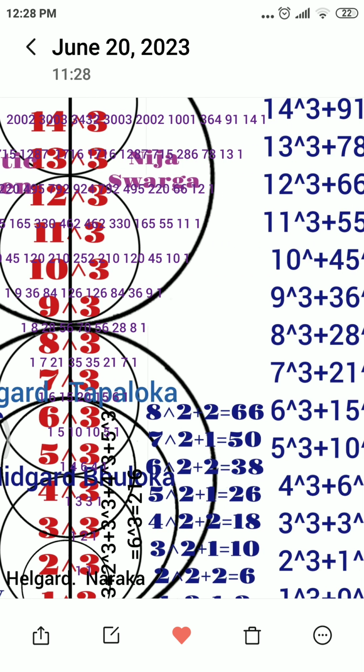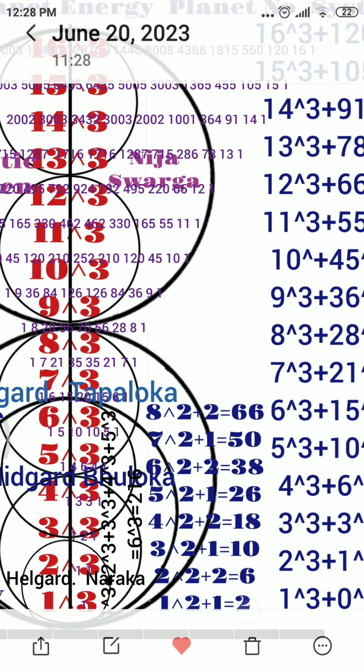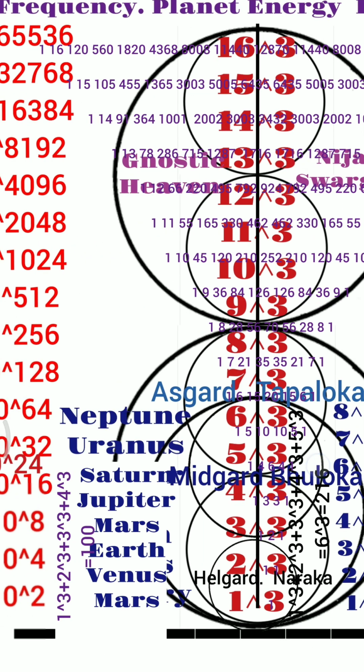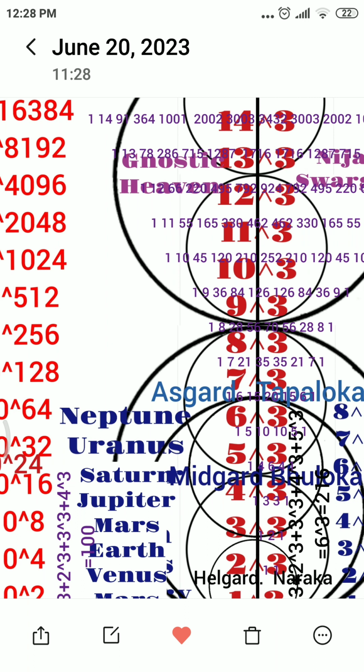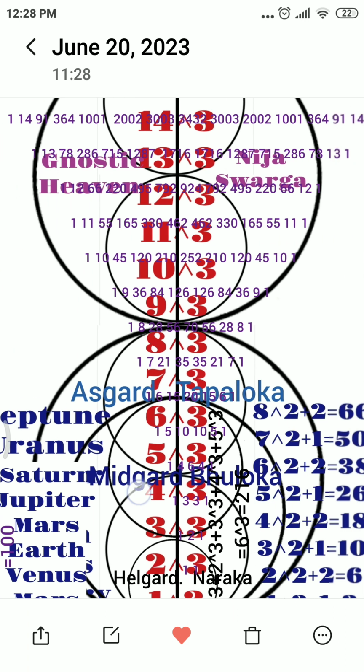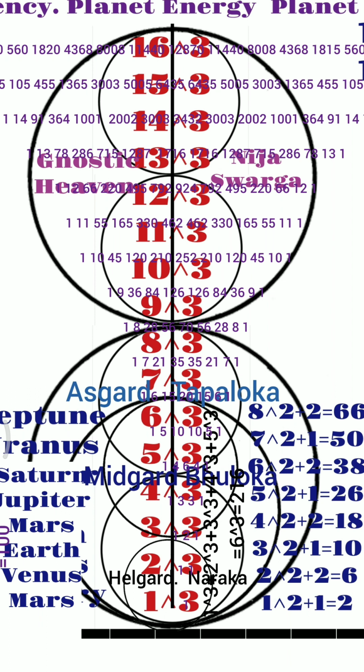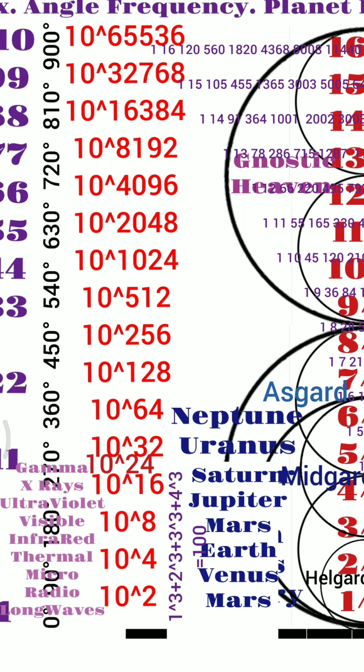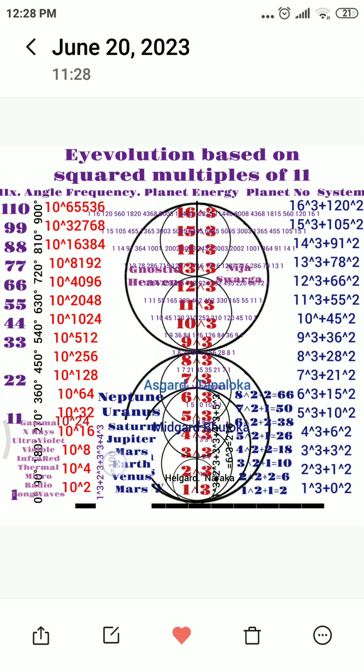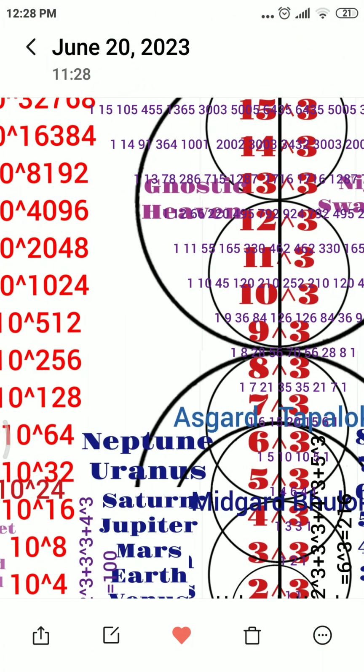If you add these numbers from 2 to 38, that is from Mars to Saturn, you will get the number 100. And that is nothing but the total of energy, 1 cube to 4 cube, which adds up to 100.